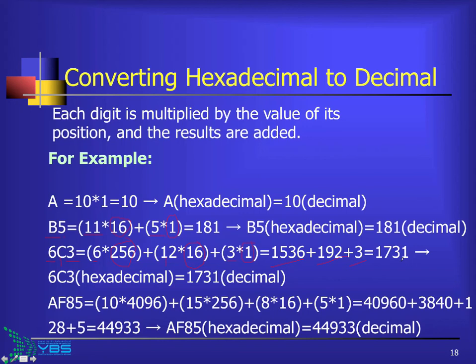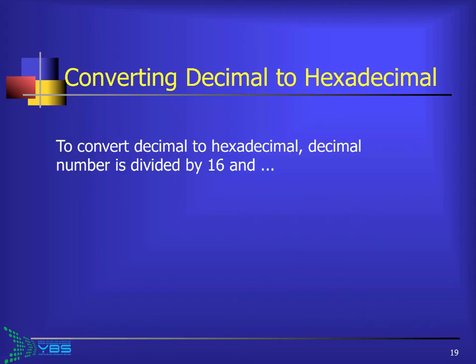It's the same as the last example. Okay, the last one is converting decimal numbers to hexadecimal numbers. It's the same as converting decimal to binary numbers. You just need to divide by 16.